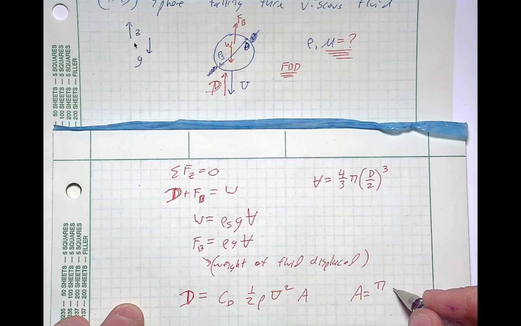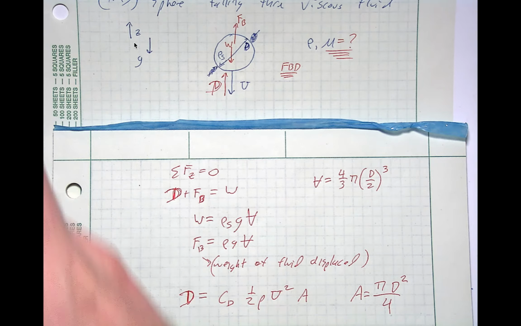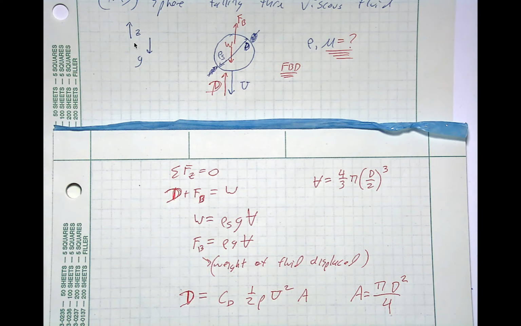Pi r squared, but it's pi d squared over 4. Right? So it's the circle that the fluid sees. The projection of that sphere onto 2 dimensions is just a circle.